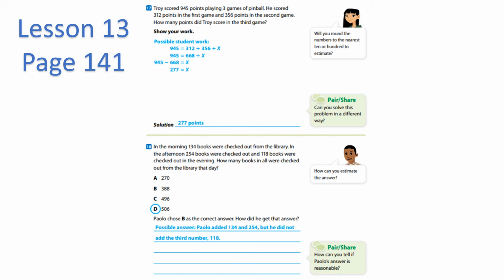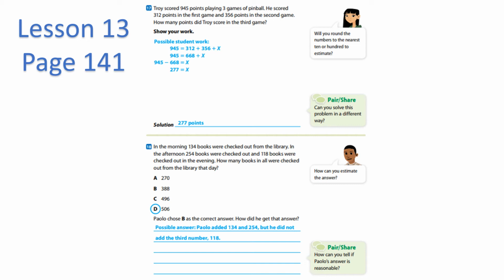Okay, looking at this problem, we know that Troy scored a total of 945 points. The first game, he scored 312, and in the second game, he scored 356 points. The missing number in this problem represents the points he scored in the third game.